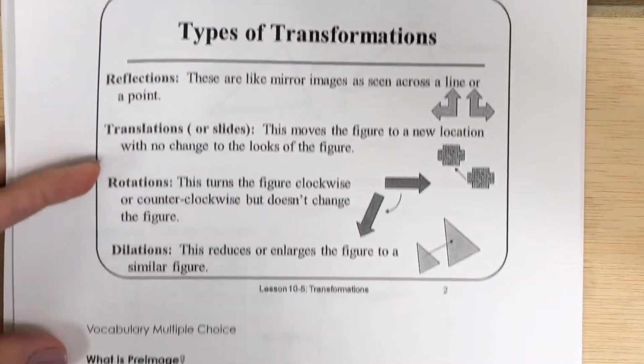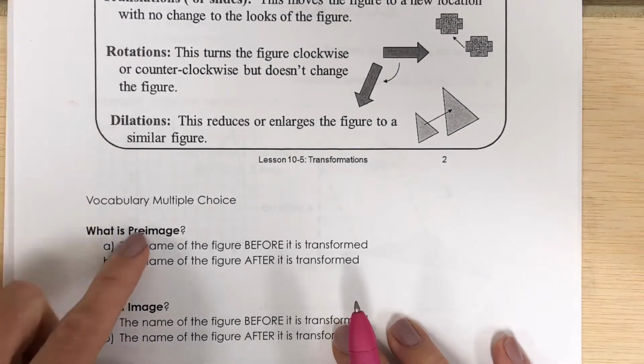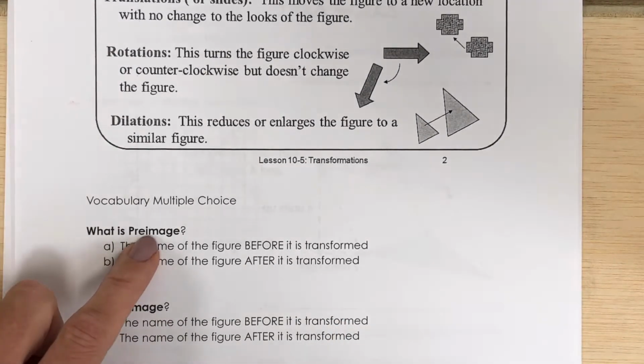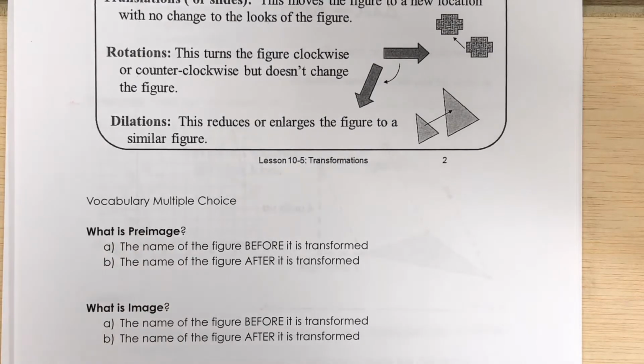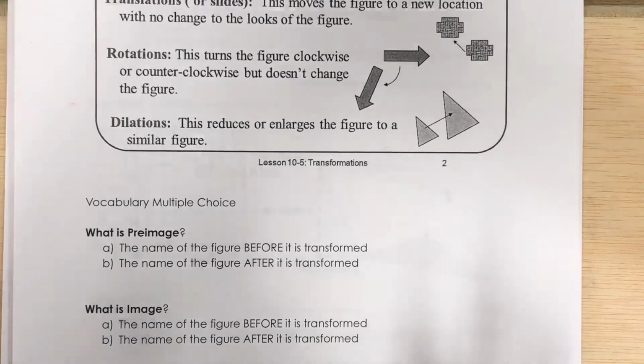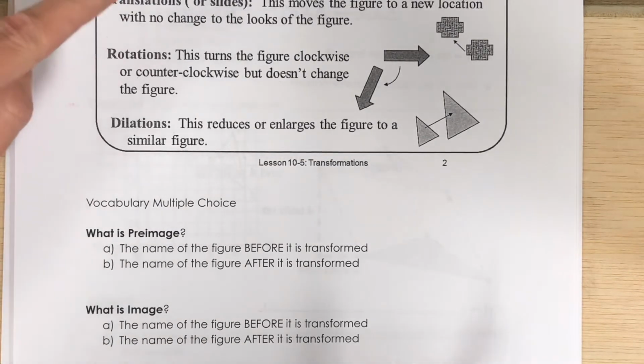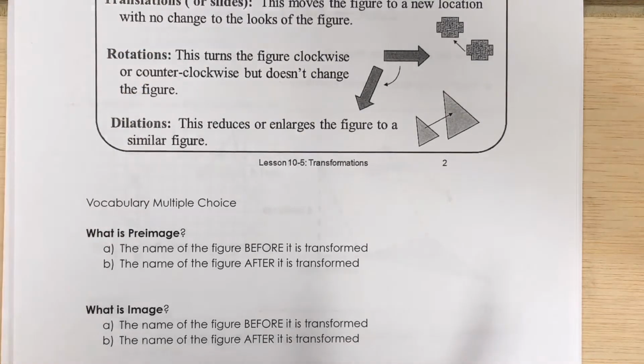So now we need to get into some funky vocab. There's vocab, it's a little funky, but not too hard. We talk about a pre-image and an image. A pre-image is basically the name of the figure before it gets transformed, before it gets either reflected or translated or rotated or blown up.